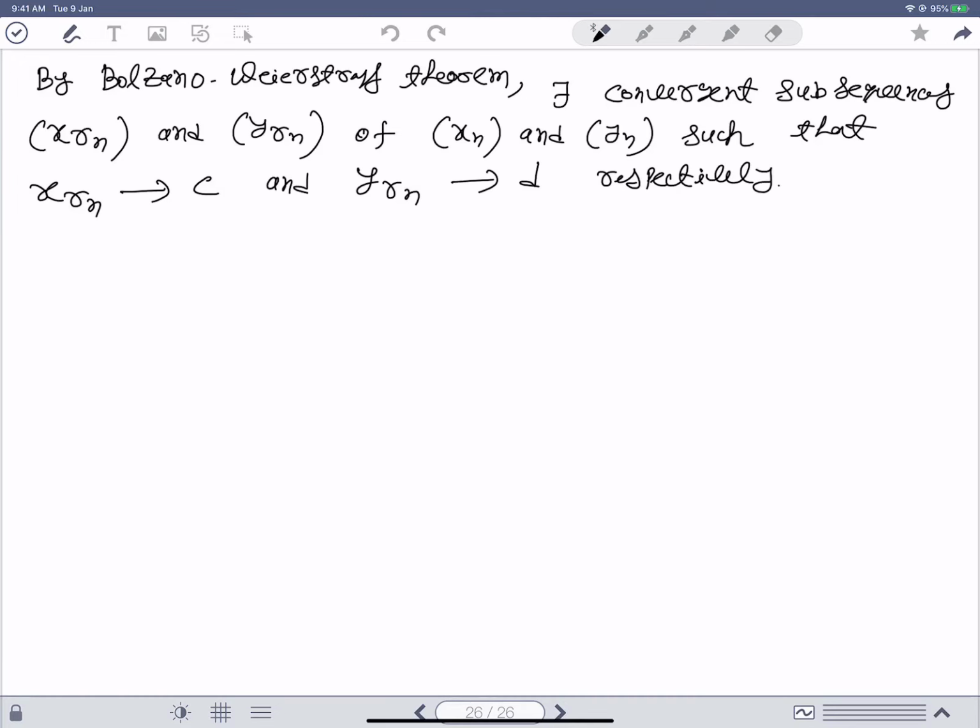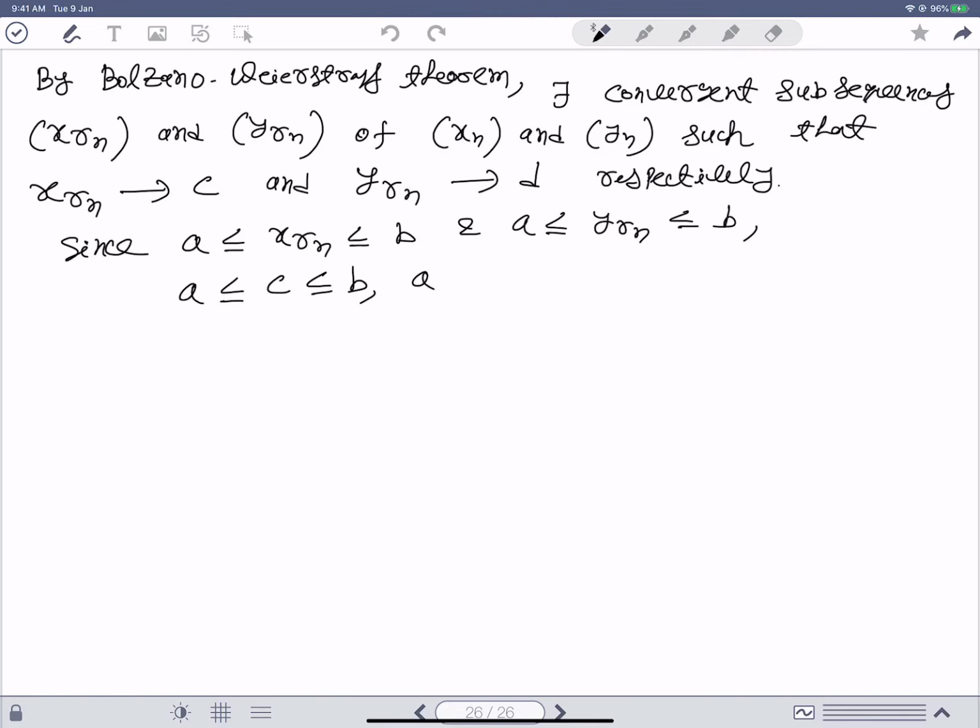Right? Now since a is less than or equal to x_rn, which is less than or equal to b, and a is less than or equal to y_rn, which is less than or equal to b, therefore we have a less than or equal to the limit c less than or equal to b, and a less than or equal to d less than or equal to b. That is, the limits c and d belong to the closed interval [a,b], right?